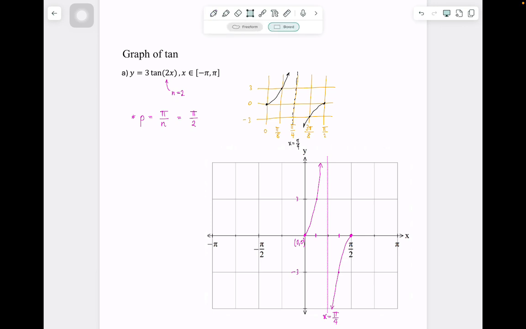Now, what happens here is for every other increment between negative pi to pi, it will just repeat. So if I cheat a bit here by grabbing part of this graph, let's see if it works.